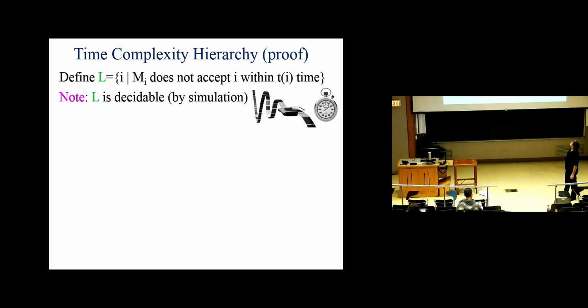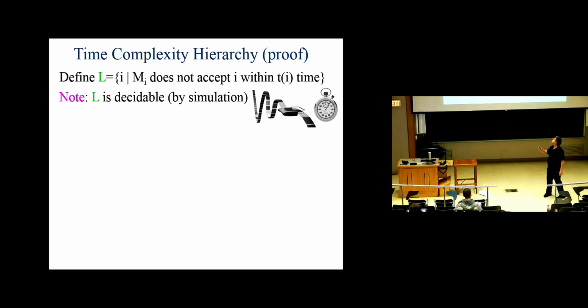How is it decidable? You can simulate it, right? Because we know where all the machines are. So an input i comes, and we pick the ith machine out of our lexicographic order. Then we simulate the ith machine on the input i, and we do that for t of i time steps or state changes.